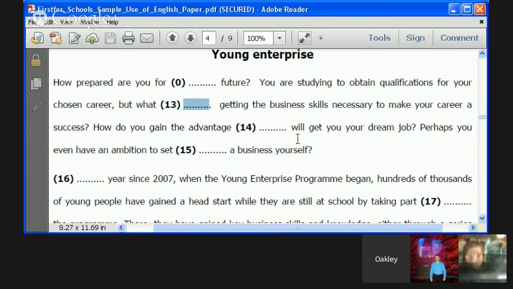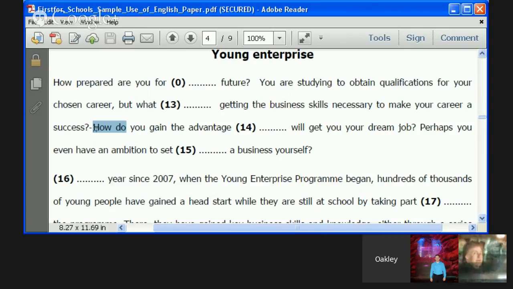I'm trying to think about how to give you a clue so that you could get this, but I can't think of how to do it. Alexei, do you know? What about? Yeah, there you go. I see. But what about getting the business skills? So you're studying to obtain qualifications, but what about the business skills? All right, you're doing this, but what about that? Kind of a standard approach. I guess it's kind of a contrast.